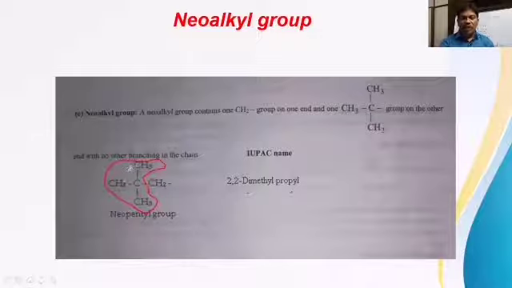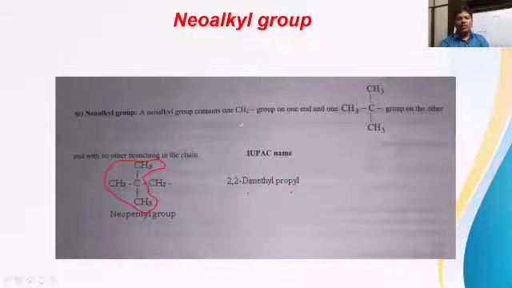So this tertiary butyl should be at one end, and at the other end CH2 bond should be there. This should be present. Then it is called what? Neo-alkyl. In the previous case, isoalkyl, what we understood? At one end isopropyl should be there, at the other end CH2 should be there. But here for neo-alkyl, at one end CH2 should be there, at the other end tertiary butyl group should be there.